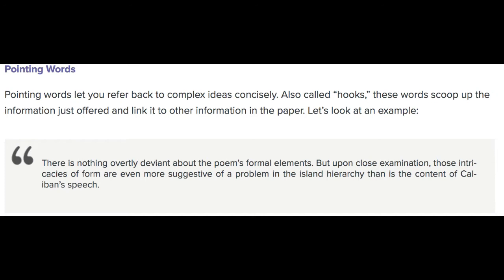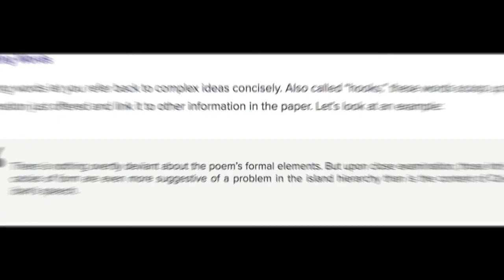The pointing word in this example is those intricacies. That relates other information earlier in the paper to this relevant topic here.